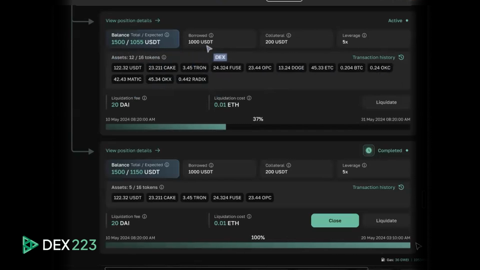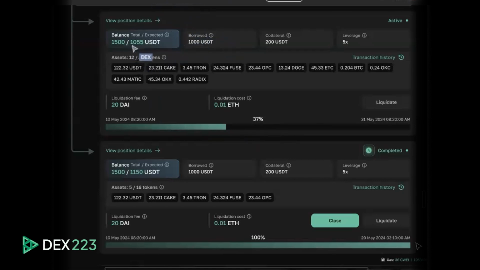And how is it calculated? So this order has a 15% interest rate, and currently the position is 37% fulfilled. So 37% of its duration has already passed, and we expect to have 37% of this interest rate on top of the borrowed amount.